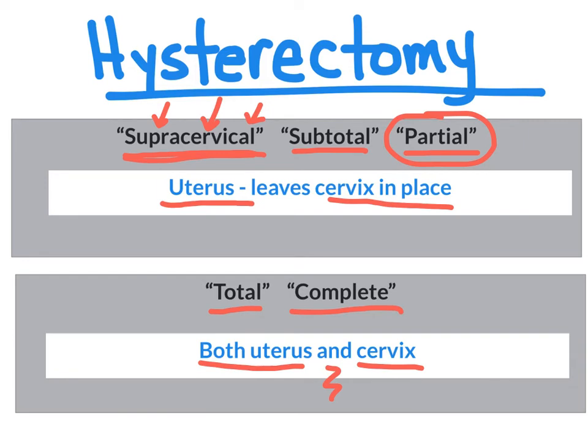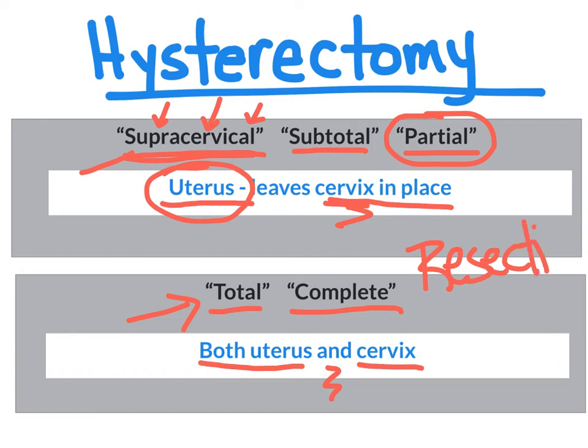However, for hysterectomies, this is why I want to draw your attention to this week. Partial means you're removing all of the uterus, so we're still coding to a resection. It's just telling you we're leaving the cervix in place. So in both of these instances, supracervical and total, both will be coded to a resection.